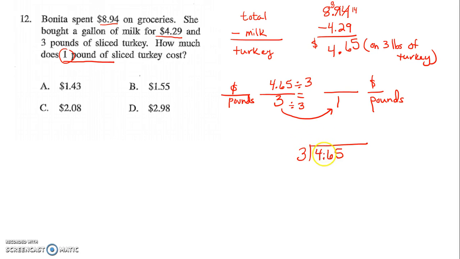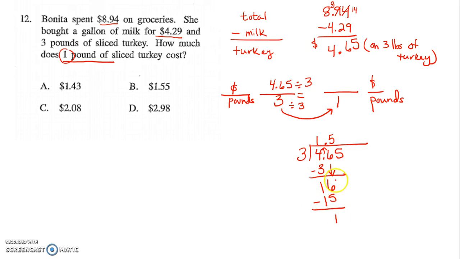So right here, I bring this decimal point right up, and then I don't even have to think about it again. 3 goes into 4 once. 1 times 3 is 3. Subtract off. 4 minus 3 is 1. Drag down that 6. 3 goes into 16 5 times. I put that 5 right above the 6. 5 times 3 is 15.